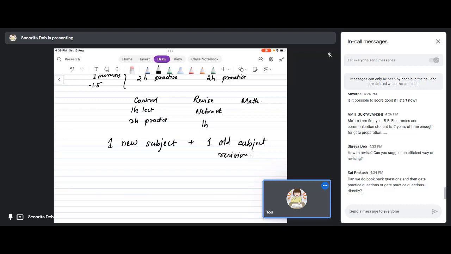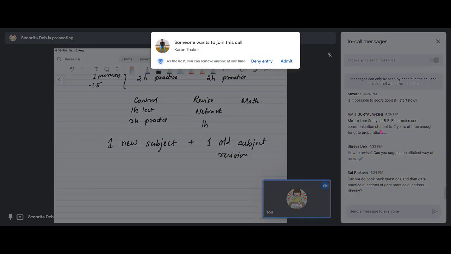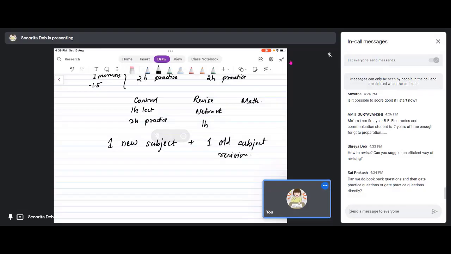Okay. One more student has said, I am in first year B.Tech Electronics and Communication. Well, some students actually prepare for GATE in 3-4 months also. It depends on your kind of preparation, your strategy of preparation. You are in first year, you can well start for GATE. It's a very good time to start.